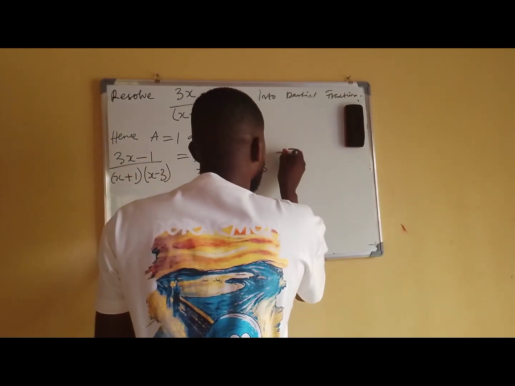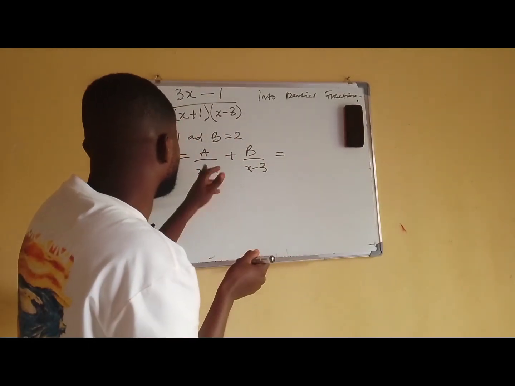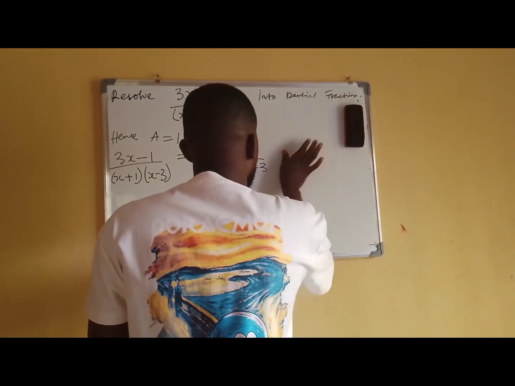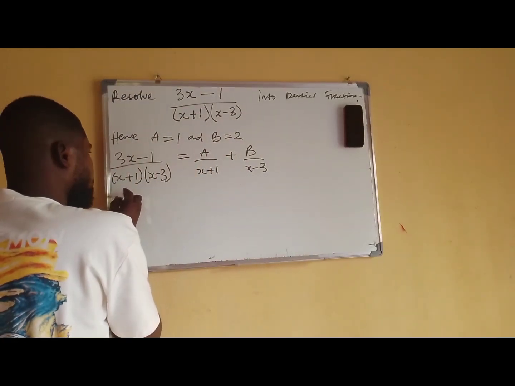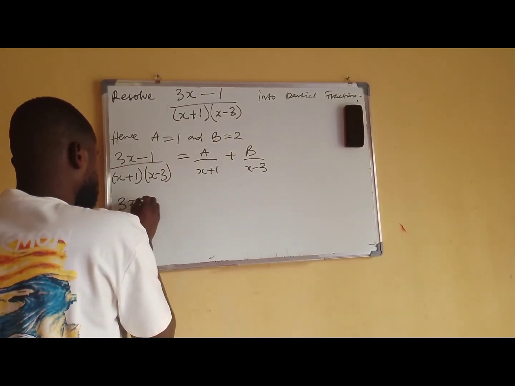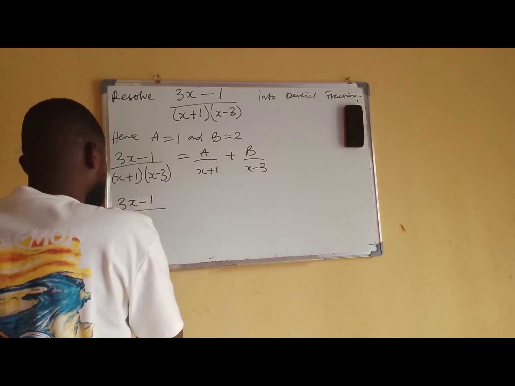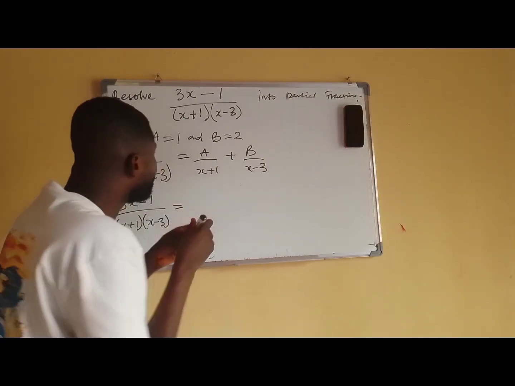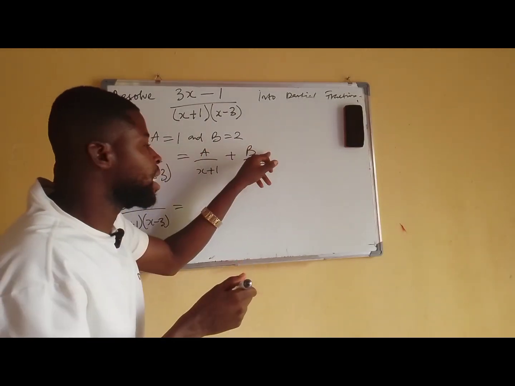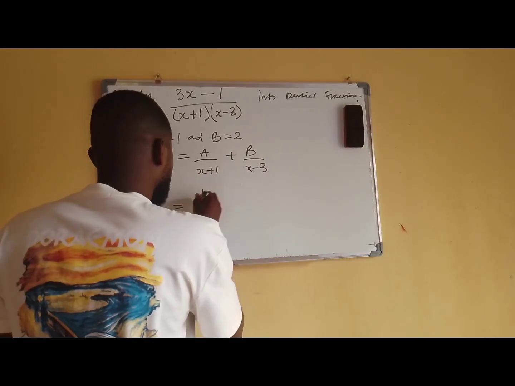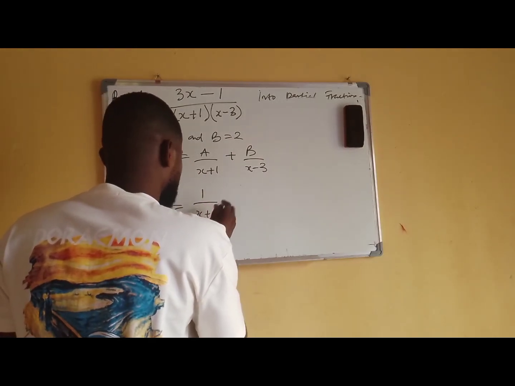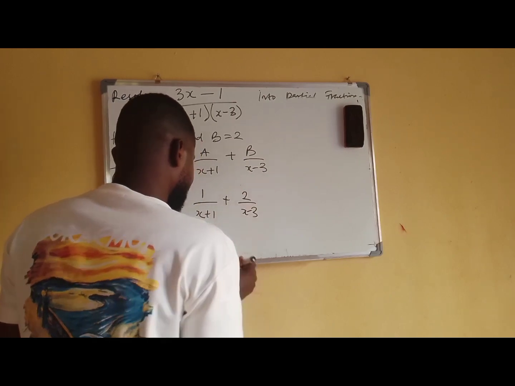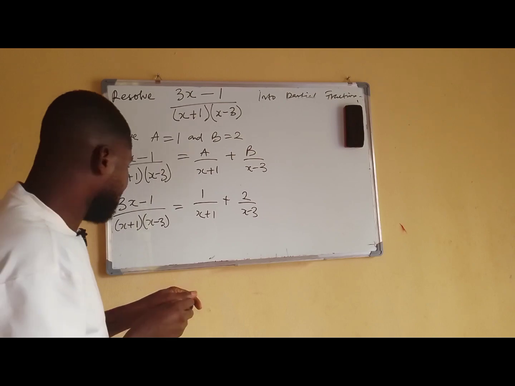And this is now equal to, we substitute the values of A and B. That is 3x minus 1 over x plus 1, x minus 3 will be equal to 1 all over x plus 1 plus 2 all over x minus 3, and this is the final answer.